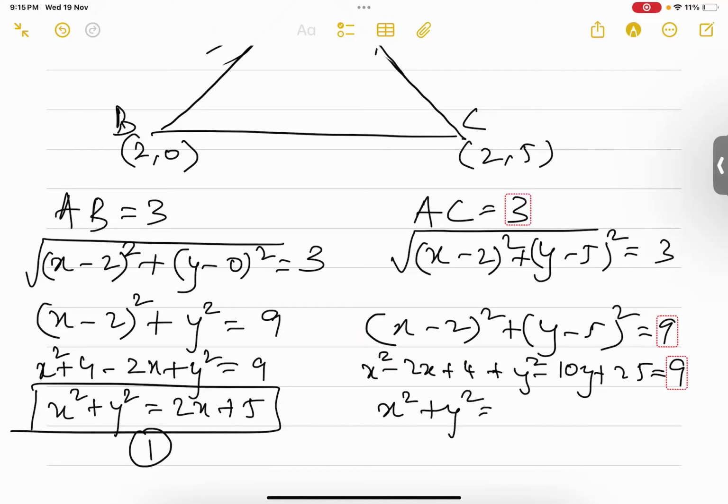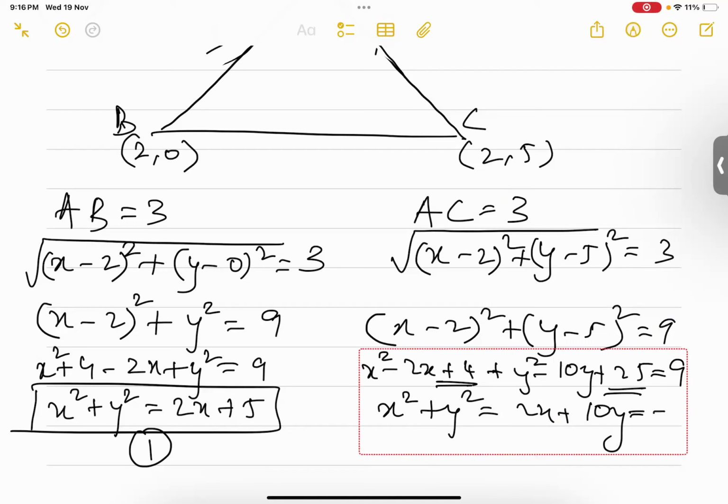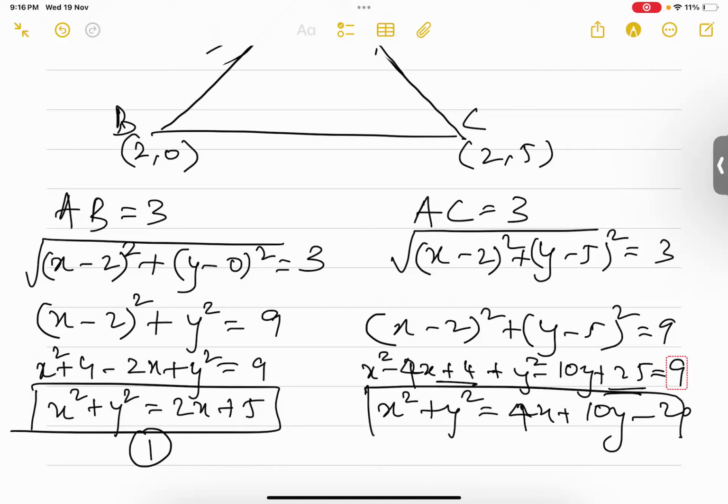So x square plus y square equal to 4x plus 10y, and 9 minus 29 on the right hand side is minus 20. I think this should be 4x, sorry for that. So x square plus y square is equal to 4x plus 10y minus 20. This is going to be equation number 2.